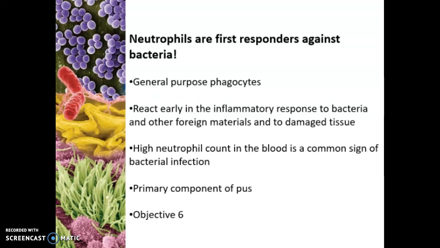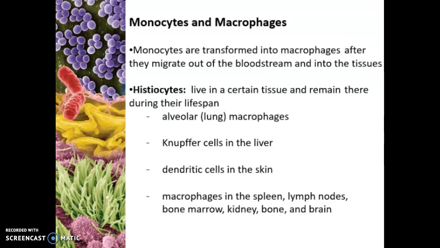If someone has a fever and they're at the emergency room and the doctor is trying to figure out why, they will often do a blood count to see what the different types of blood cells are doing. If neutrophils are high, that's going to be indicative of a bacterial infection. And this is going to be objective 6 on your list, just to point you in the right direction.